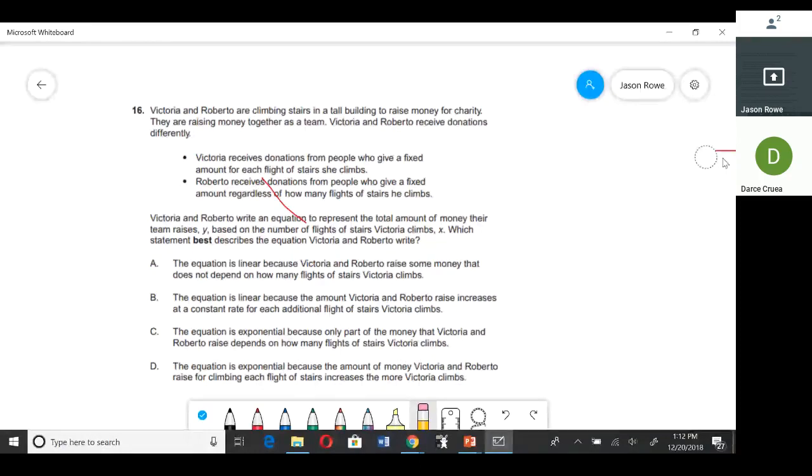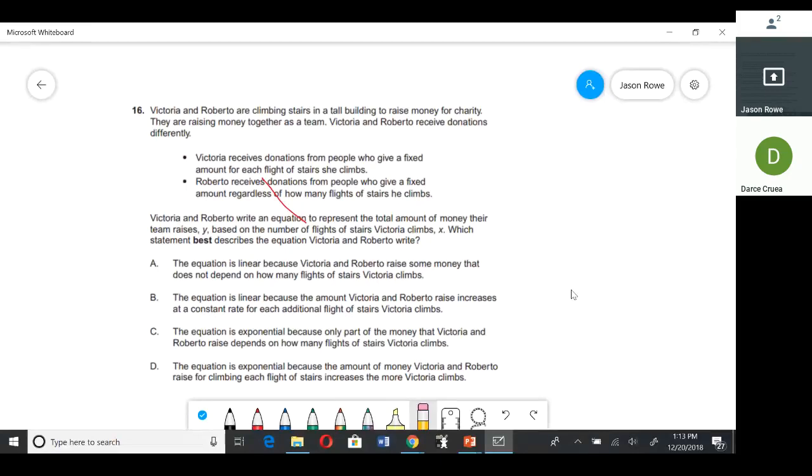So Victoria and Roberto are climbing stairs in a tall building to raise money for a charity. So they're raising money together as a team. Victoria and Roberto receive donations differently. Victoria receives donations from people who give a fixed amount for each flight she climbs. Roberto receives donations from people who give a fixed amount regardless of how many flights or stairs he climbs.